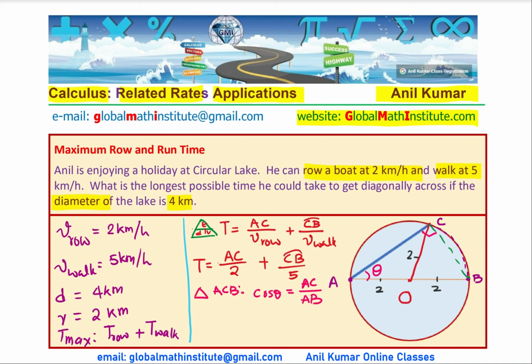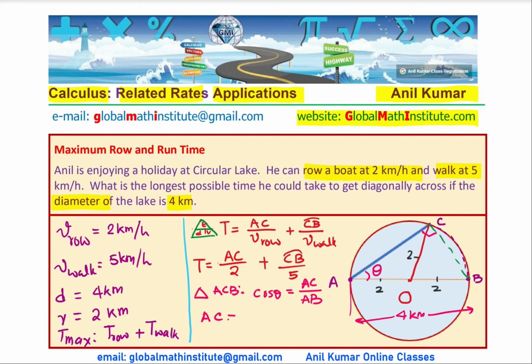So from here, we know what AB is. So we can find AC. AB is equal to 4, 2 plus 2, right? Four kilometers, right? So we can cross multiply and find what AC is.